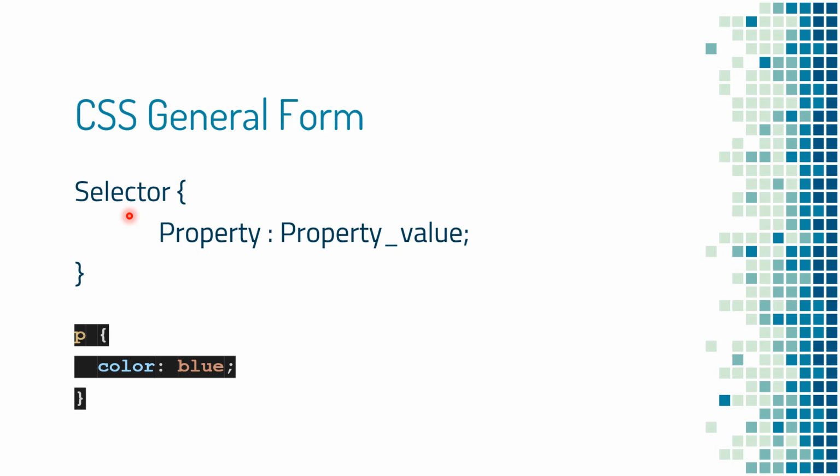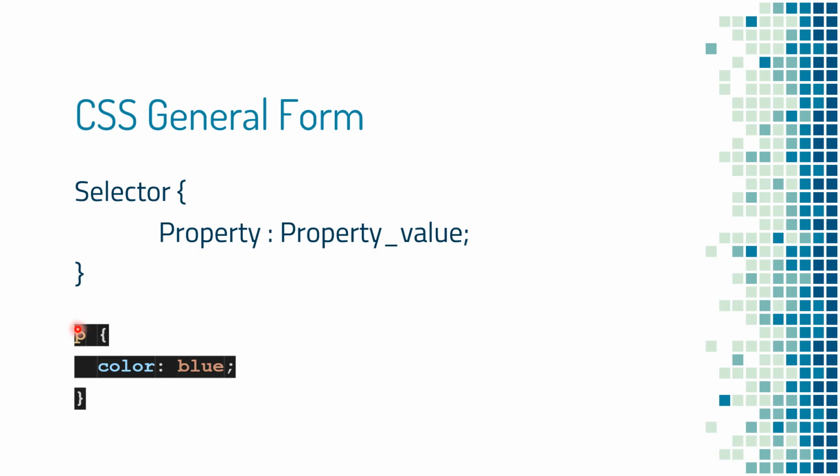This is the simplest form. So here, after the braces, we have the property name that we want to assign, and this is the property value. Let's see this example.